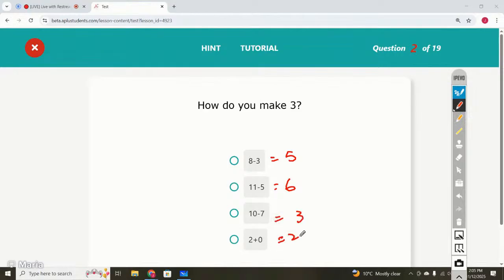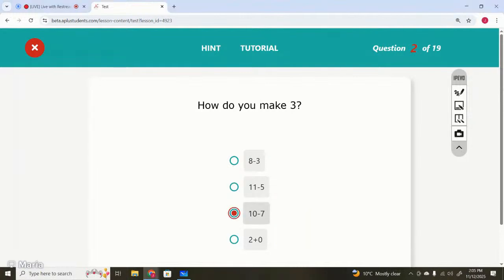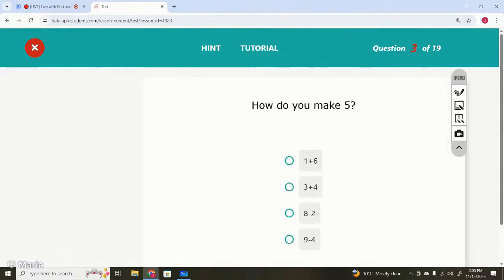And 2 plus 0 is 2. So the correct option for how do you make 3 is 10 take away 7. Option number 3 is the correct option.